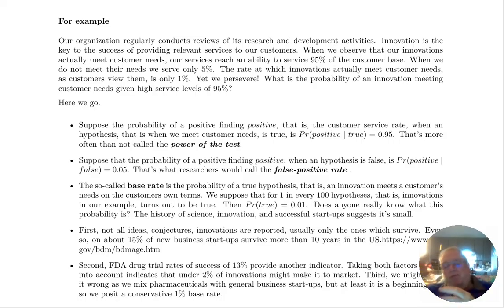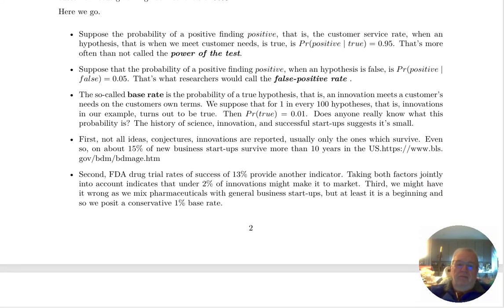Yeah, we persevere, yes. What is the probability of an innovation meeting customer needs given high service levels of 95%? So let's put this into a format here, and this is going to be doing Bayes all the way through. Probability of positive finding is positive. All right, that is this customer service rate.